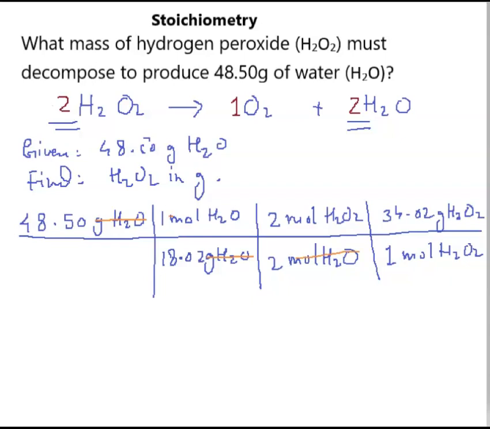This cancels out. This 2 cancels out as well. So we are left with this guy here. If you multiply, you get the exact same answer, 91.56 grams. So now you know how to do a basic stoichiometry conversion question. Thank you.